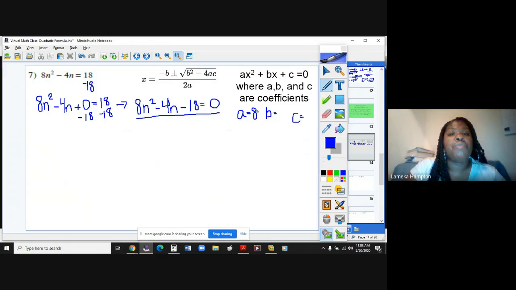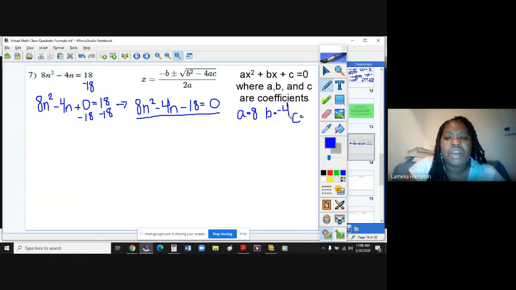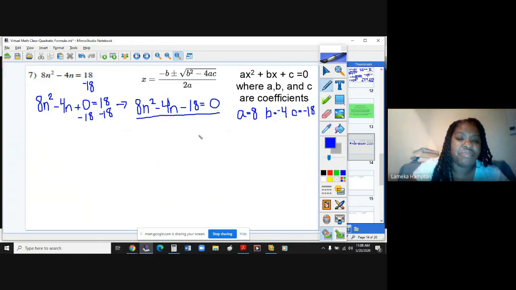Just remember, we only want the numbers. For B, what number is represented by the letter B? Negative 4, but I'll take it. That is so ugly. I really honestly knew I should have typed it. And what about C? Negative 18. So these are the numbers that I'm going to be using in my quadratic formula to solve.